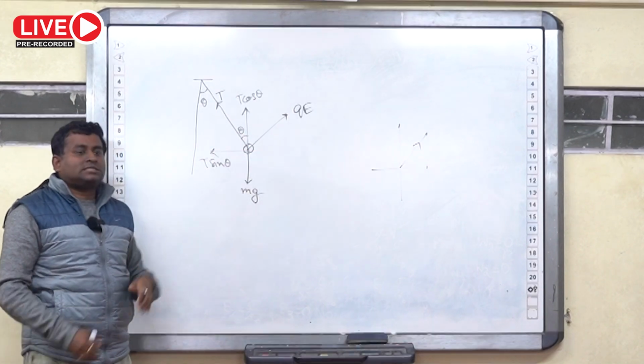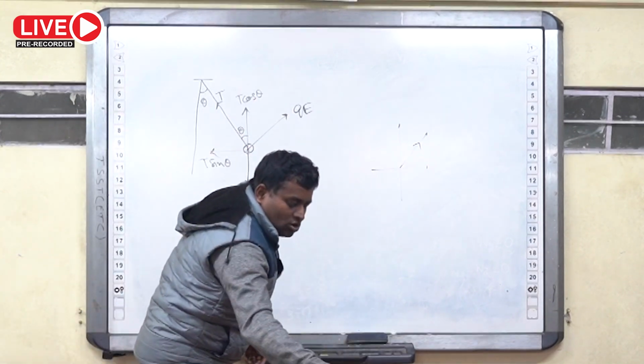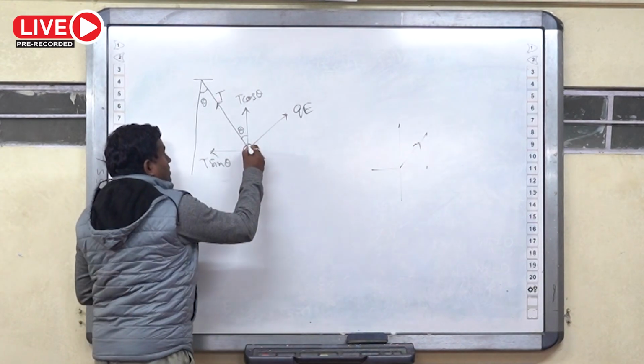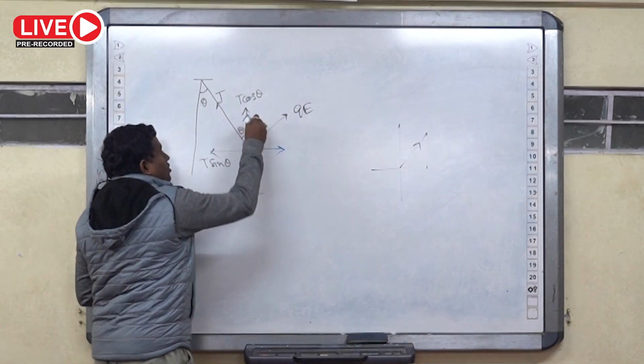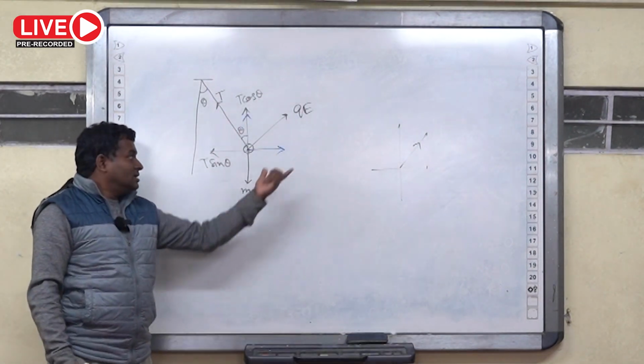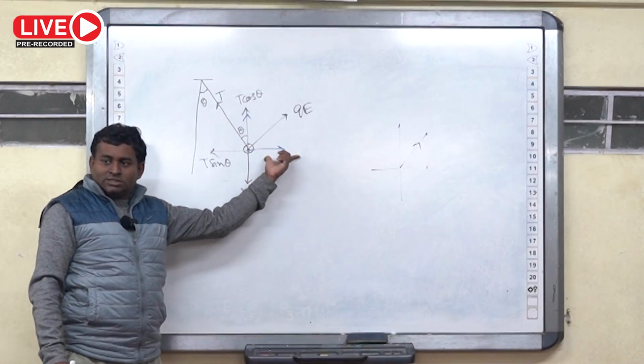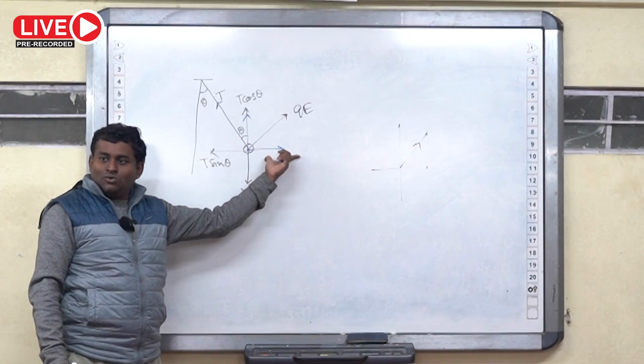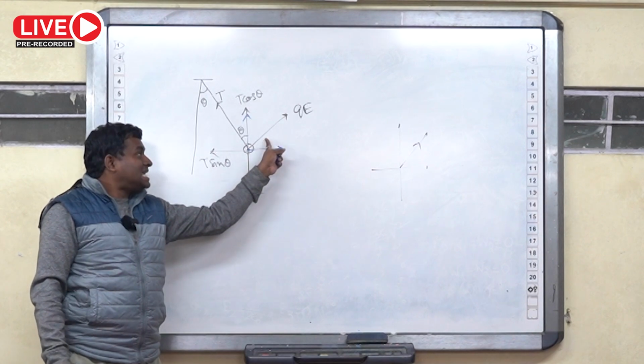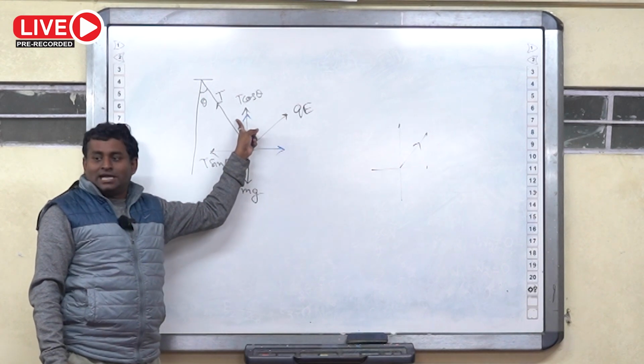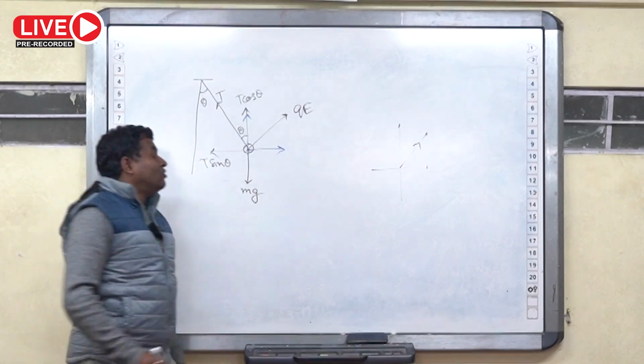See, there is one component, there is other component. Should it be QE cos theta? No, because this angle is not theta, this angle theta.